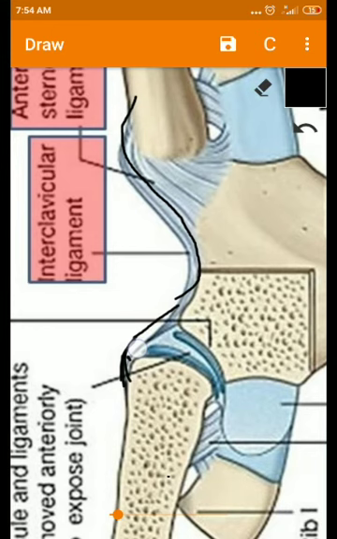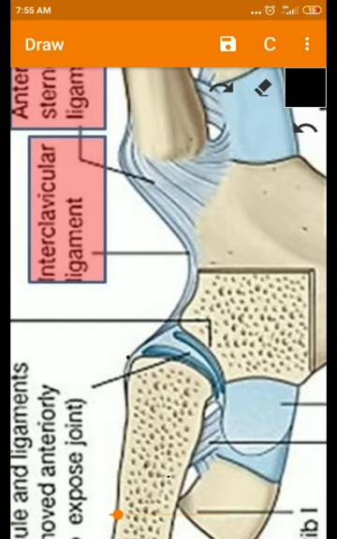Like this, the interclavicular ligament is attached. It is giving support to both clavicles, and it is attached to the suprasternal notch of the manubrium sterni. You know that this is the suprasternal notch.